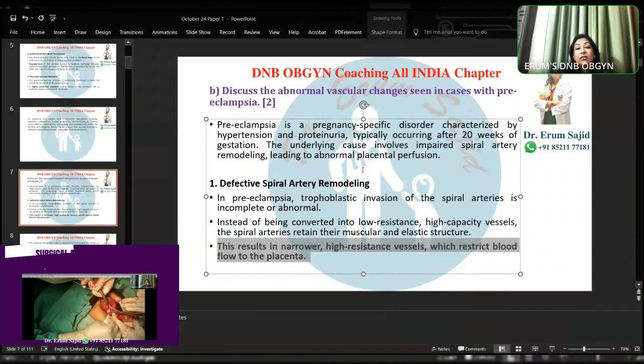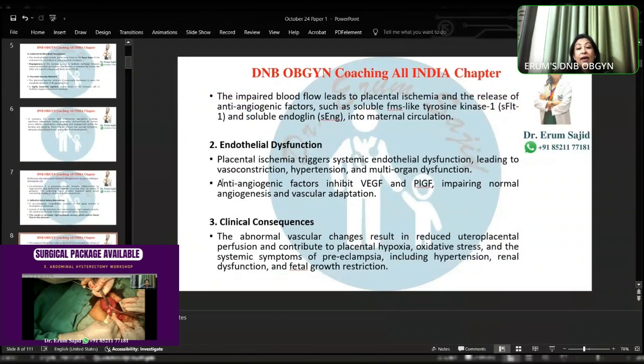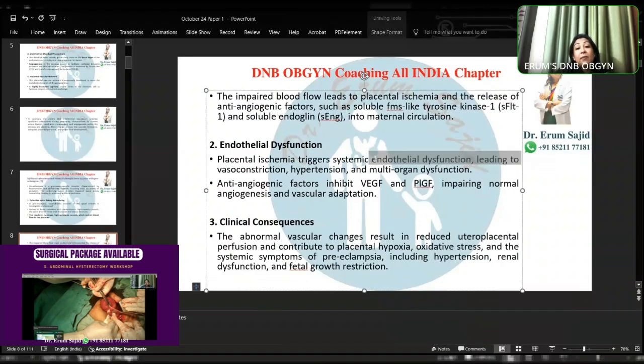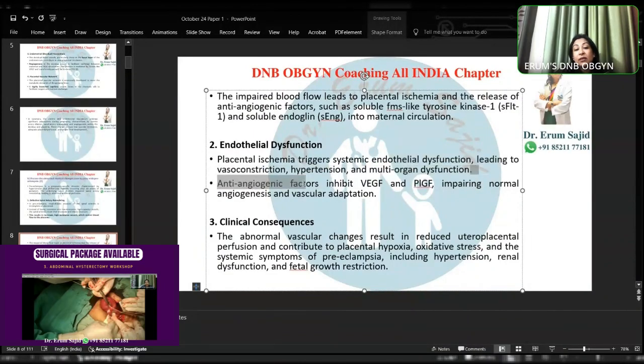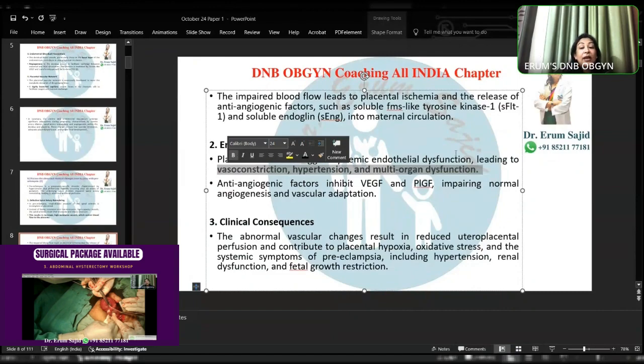And because of endothelial dysfunction, you have vasoconstriction, hypertension, and most important, multi-organ dysfunction, I would say. If there's anything which endothelial dysfunction does, it is multi-organ dysfunction.